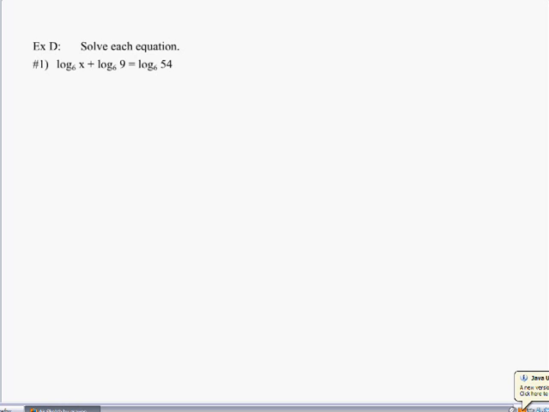Solve each equation. You have to use your properties to do these equations. Product property is correct.